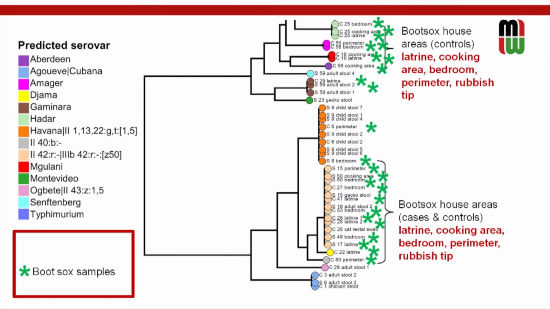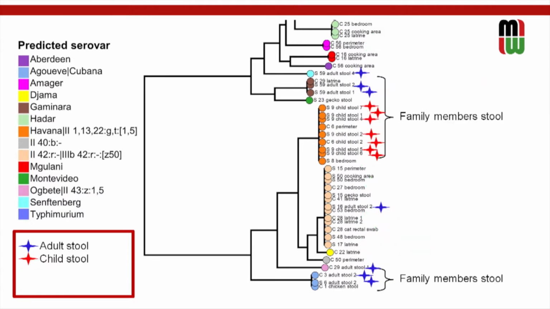So this is the bottom half of the tree, and what I've plotted on here for you are those environmental samples that we got from the boot socks from different locations all around the house. They tended to cluster in two areas around the tree, in the sort of pale pinky isolate, which we think is related to Diarizoni, and then up at the top there around Haydar, but they do spread across all parts of the tree, you'll see.